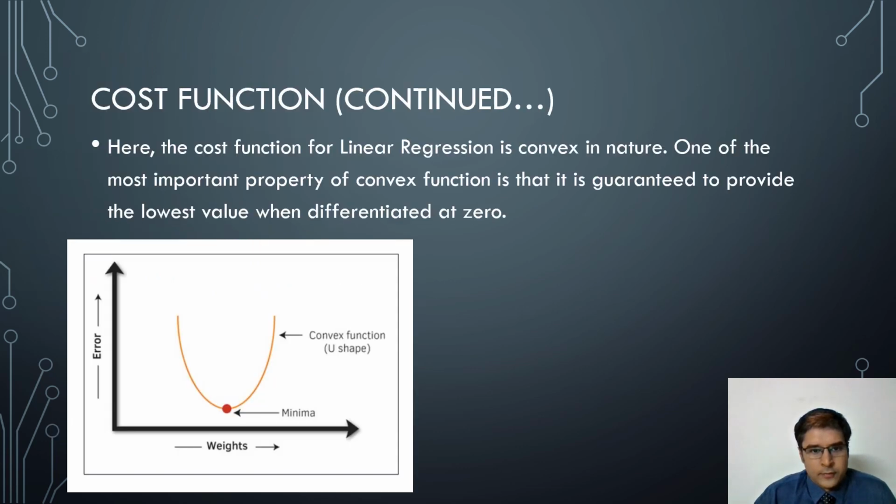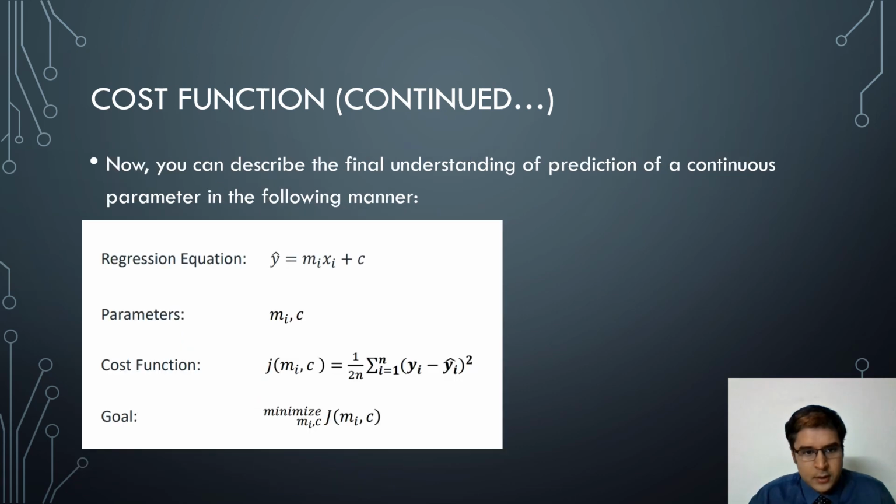Here, the cost function for linear regression is convex in nature. One of the most important properties of a convex function is that it is guaranteed to provide the lowest value when differentiated and set to 0. So the cost function is convex in nature, and we can get the minima of that. Now you can describe the final understanding of a prediction of a continuous parameter in the following manner.